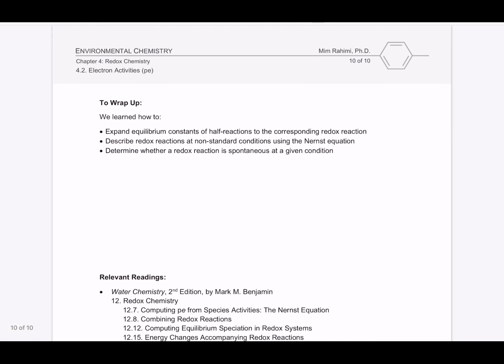So to wrap up what we've learned in this lecture, we first talked about half reactions. For half reactions, we knew how to go from pE0 of oxidized or reduced to pE at non-standard condition, using the Nernst equation. We also did this for a redox reaction, which is a combination of the two.